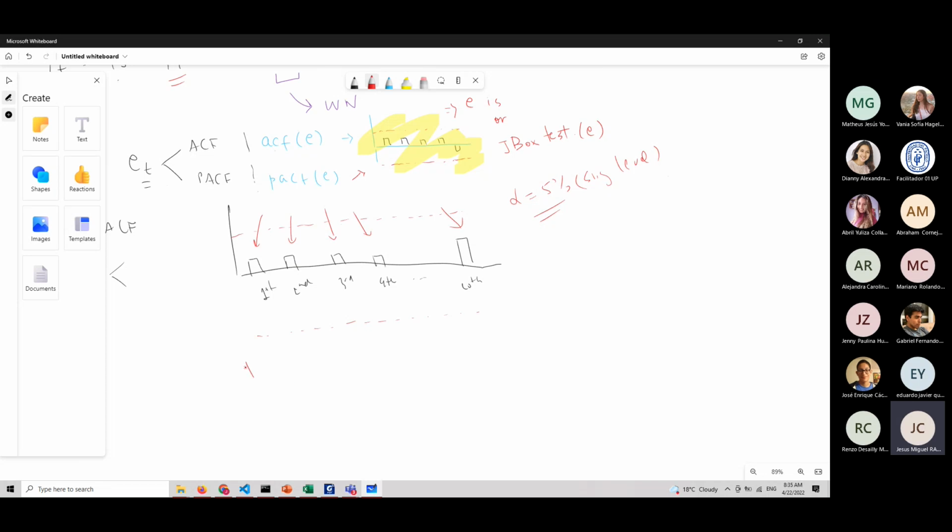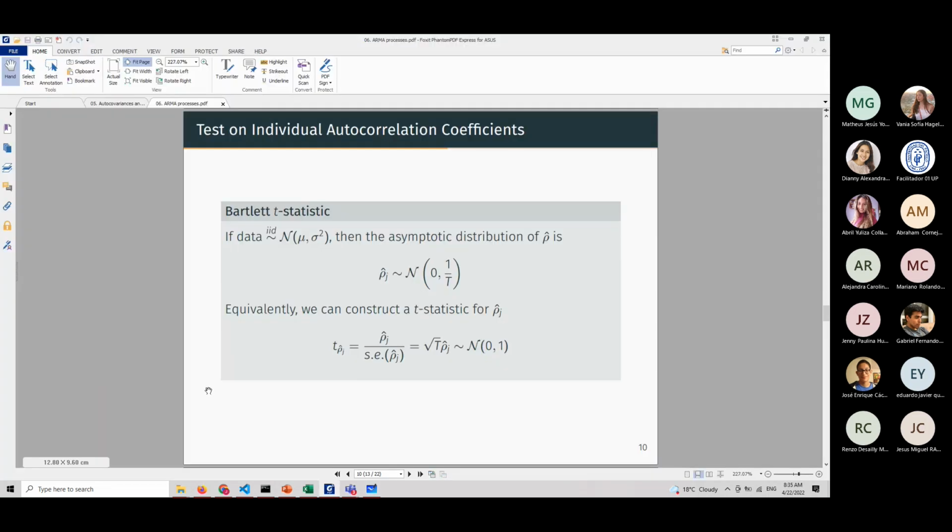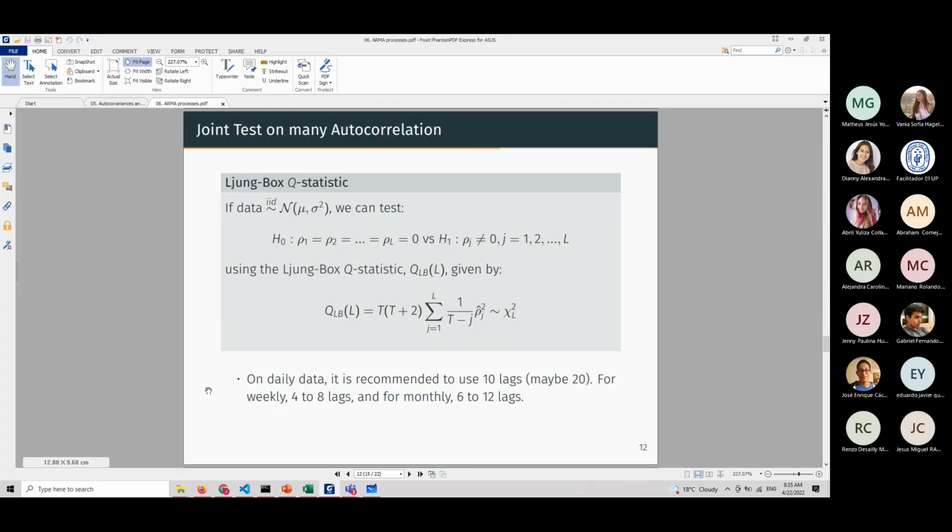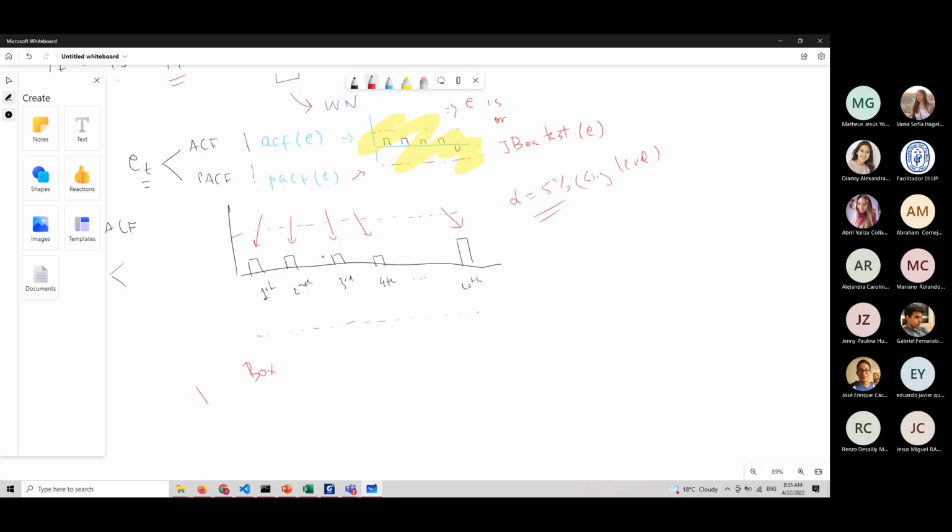In the case of the Box test, you run the test for all these up to the n order, because that is a joint test.